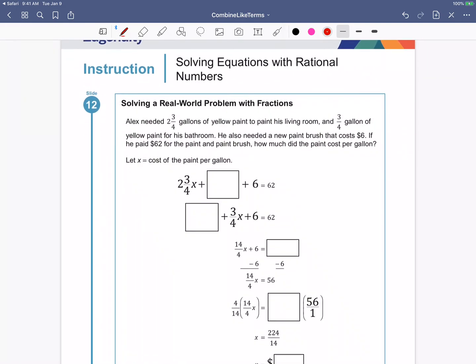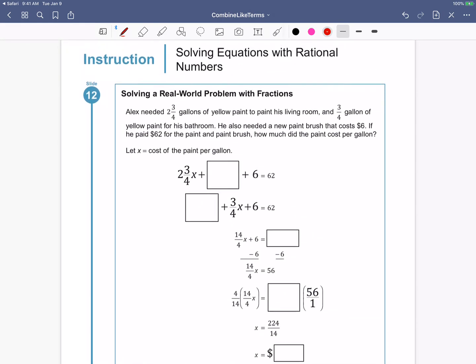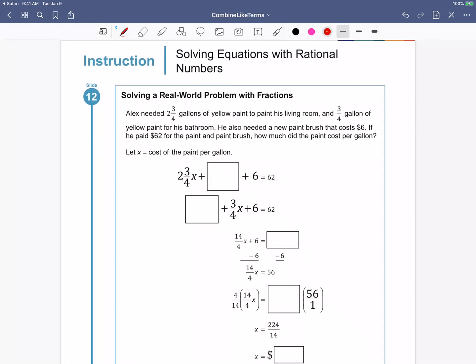Right? Now another one. Alex needed 2 3/4 gallons of yellow paint to paint his living room and 3/4 of a gallon of yellow paint for his bathroom. He also needed a new paintbrush that cost $6. If he paid $62 for the paint and paintbrush, how much did the paint cost per gallon?